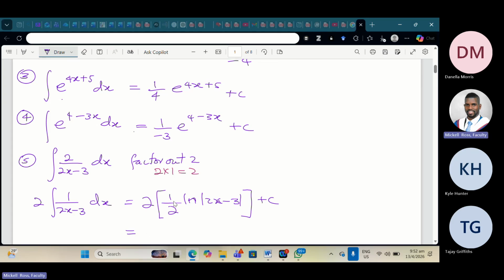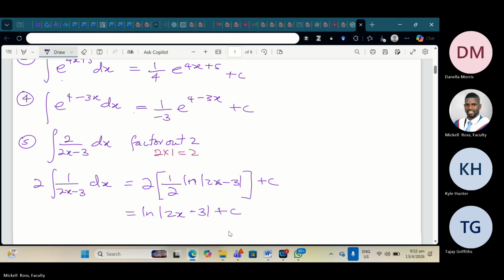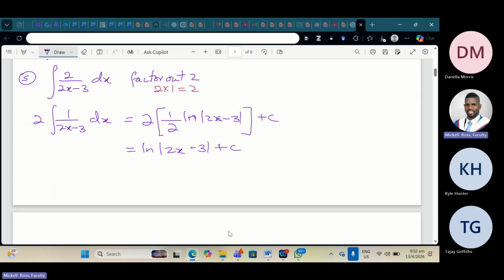But when we multiply by 2, 2 times a half is just 1. 1 ln is just ln of 2x minus 3 plus c. So that is what we would end up with for our answer. Let me know if there is any part of it I need to clarify.